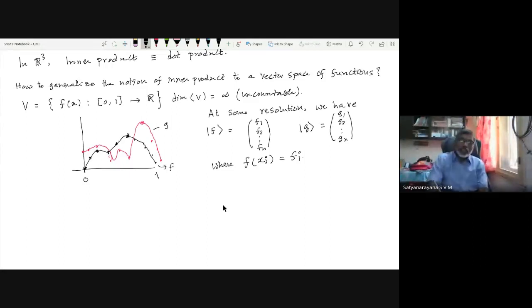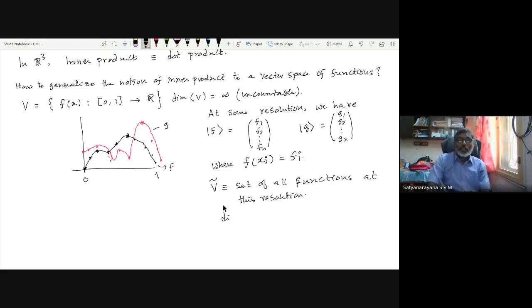Now at this resolution, suppose I want to ask something. This is an n-dimensional vector space. So you define your vectors, the set of all functions at this resolution, which I will call v tilde.